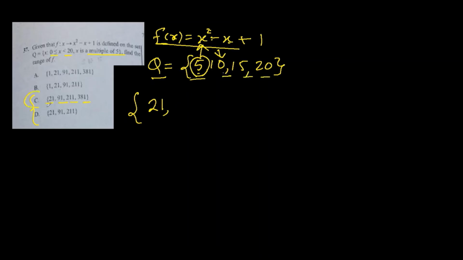So C is definitely the answer. Let me confirm that the last one is 381: 20 squared is 400, minus 20 plus 1, which is 380 plus 1, 381. So C is the right answer.